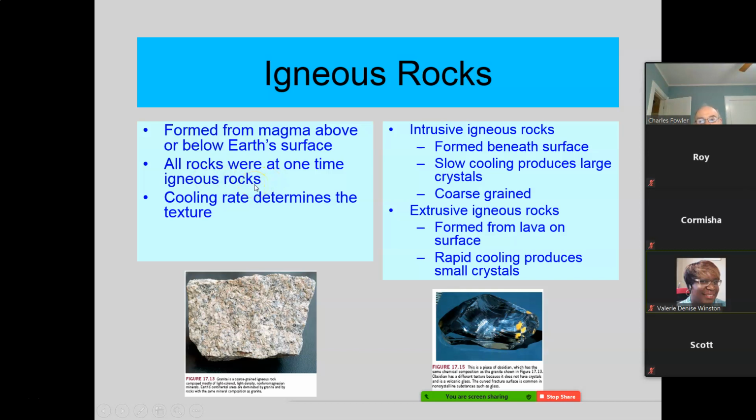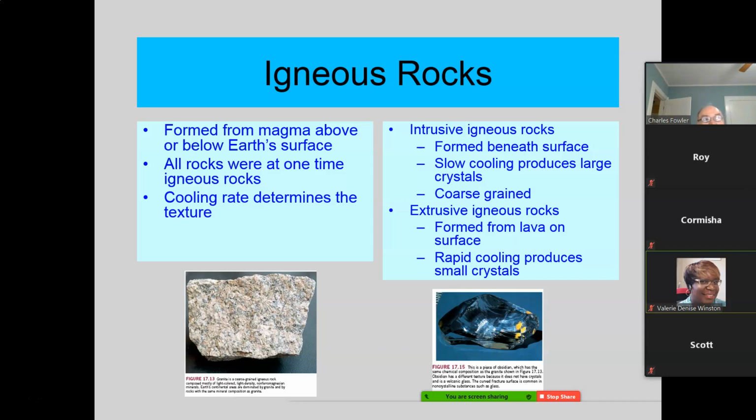Later, when we talk about sedimentary rocks, they come from pieces of other rock that broke off, sheared, dissolved, did whatever, but later settled out again and formed sedimentary rock. They were at one time, sometime in their past, igneous rock. Why do we know that?